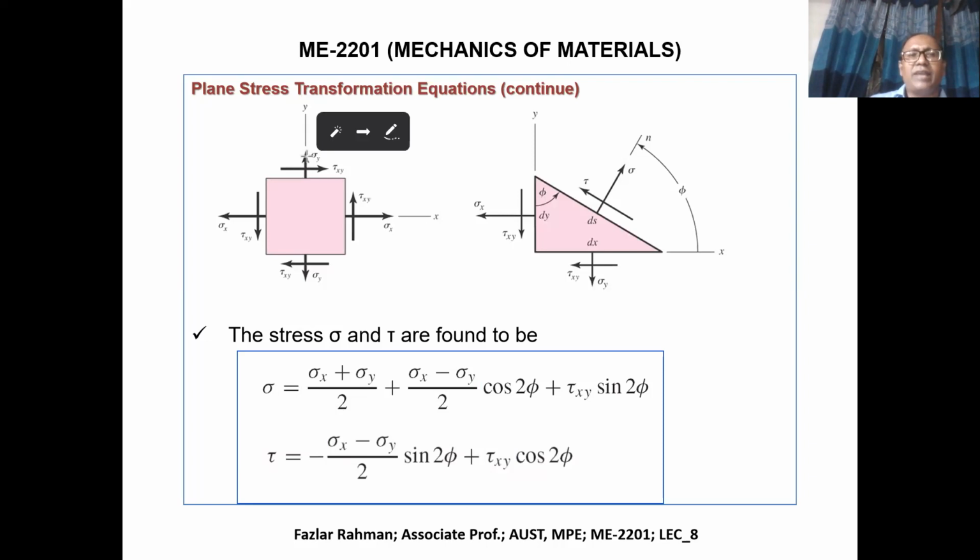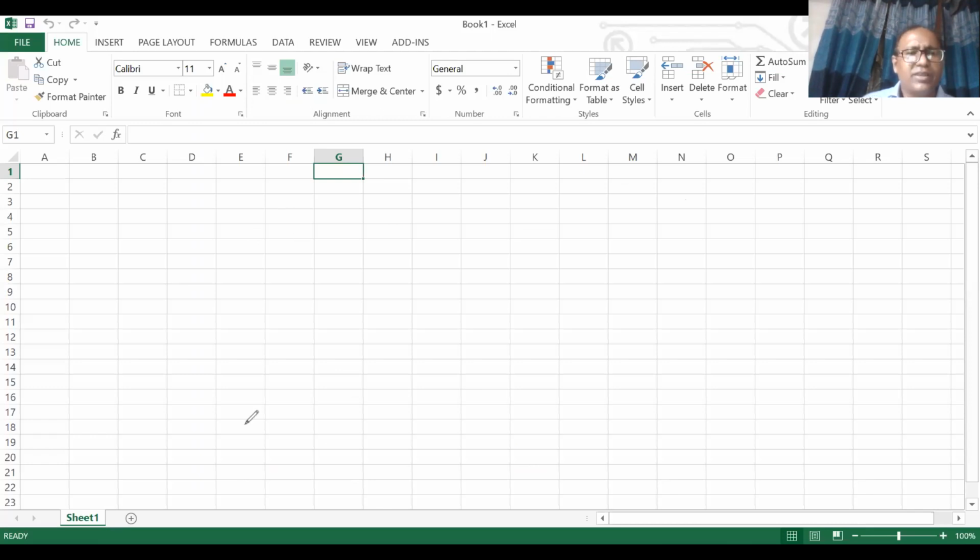So if I'd like to show you, one second, if I go for a new share, if I share the Excel, so in that Excel, just for example, this is angle phi, psi I just put.